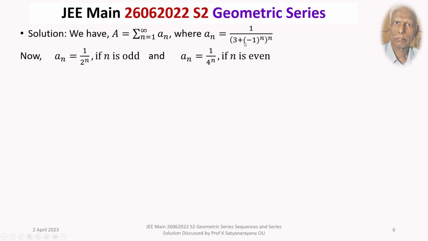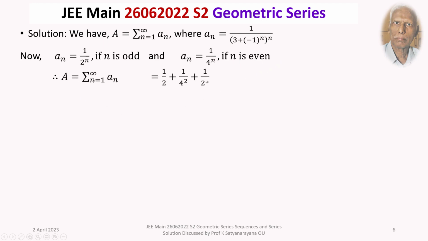Then 3 plus minus 1 is 3 minus 1 is 2, and 1 by 2 power n. So, if n is odd, an is 1 by 2 power n. If n is even, minus 1 to the power of n is plus 1, 3 plus 1 will be 4, then an is equal to 1 by 4 power n if n is even.